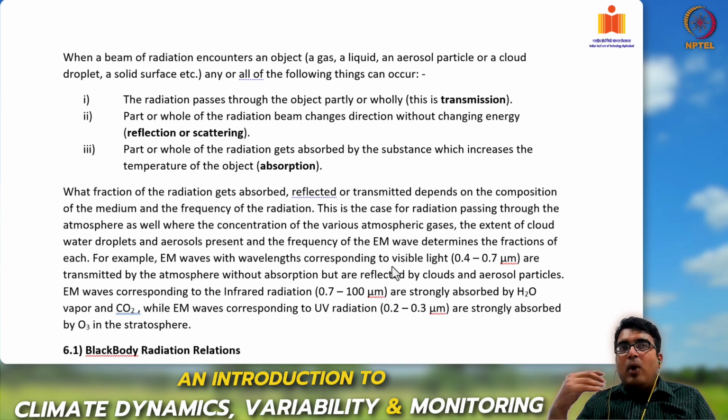And what happens to the radiation and the fraction of each of these three phenomena depends on the wavelengths and the frequency bands of that radiation, as well as on the type of medium through which that radiation is being transmitted.